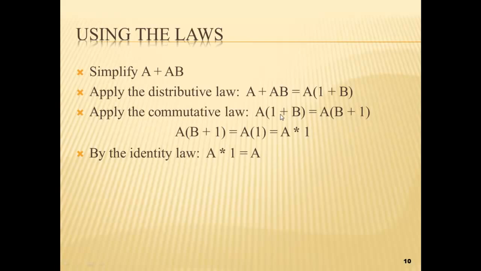And then from there, remember anything ORed with a 1 is just a 1. Anything ANDed with a 1 is just itself. So you end up getting an A. Now it seems really complicated and crazy and strange, but you'll get the hang of it. It may take a little while. This is probably one of the harder chapters you'll do, but you will get the hang of it, trust me.